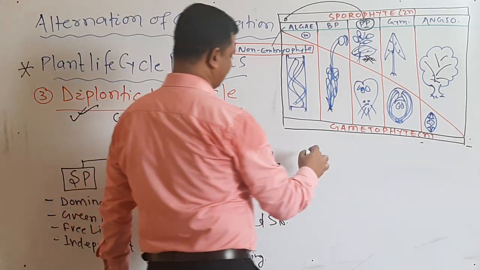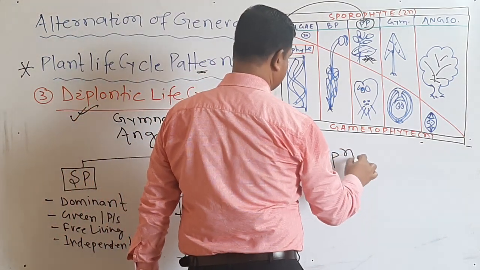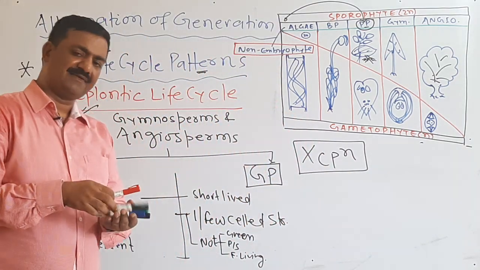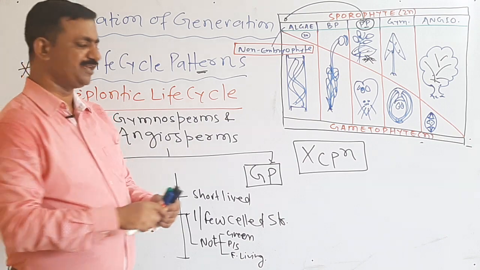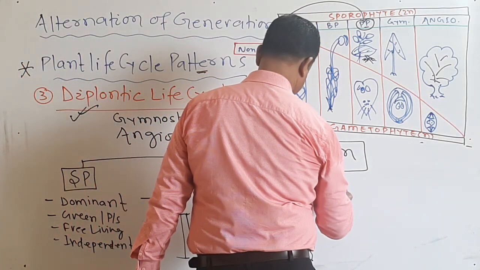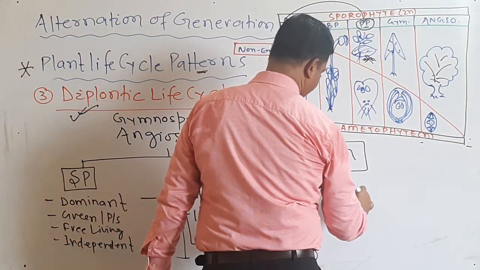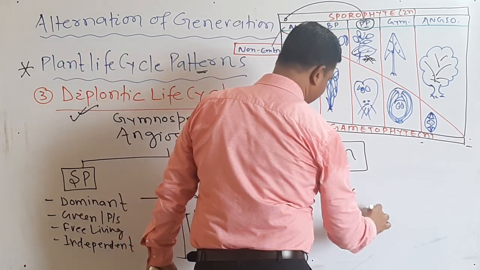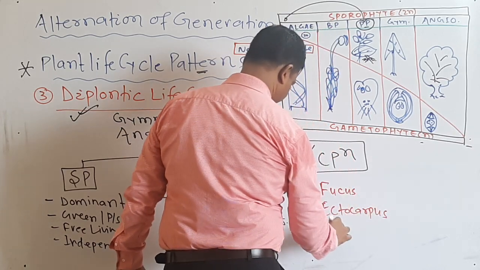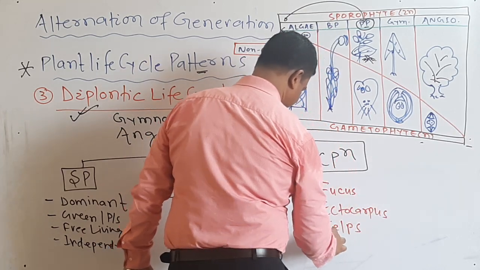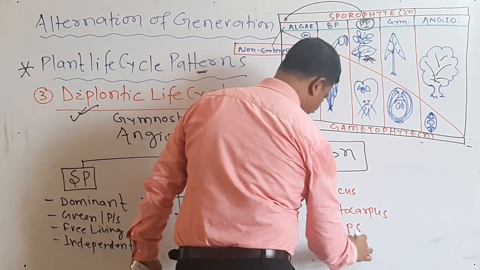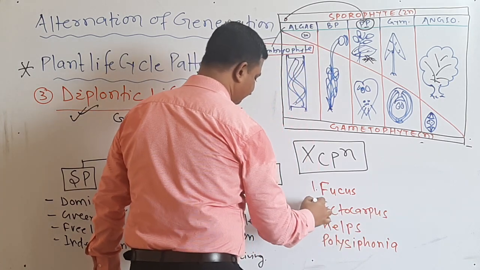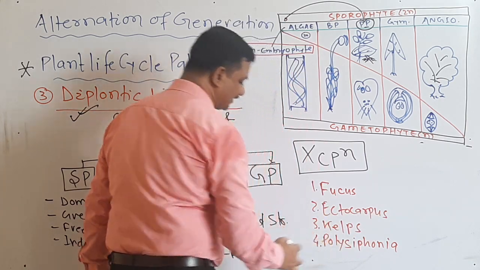So what is given in the NCERT as an exception? Yes, I will talk about this exception. In our NCERT, 4 plants have been given, named, remember, Fucus, Ectocarpus, Kelps, and Polysiphonia. Yes, we have these 4 important examples.